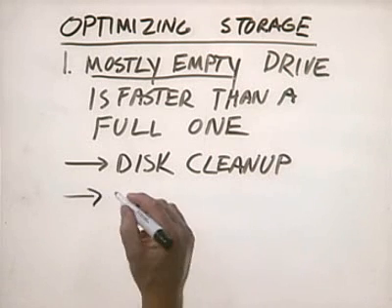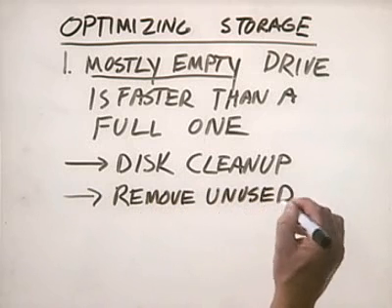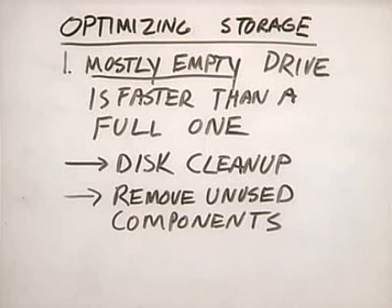Another thing you can do is to remove unused Windows components. When Windows is installed, by default, a certain set of Windows components are included in the installation. And if the person who is doing the install customized the install, they might have more Windows components included.